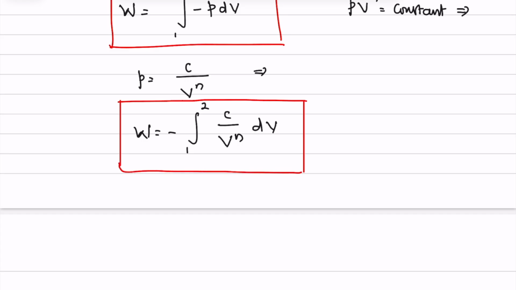This integral can be easily calculated. There is nothing like rocket science in it.